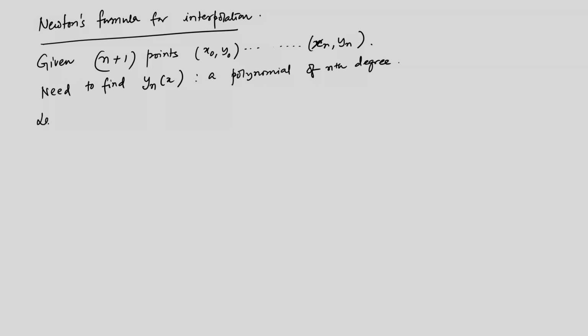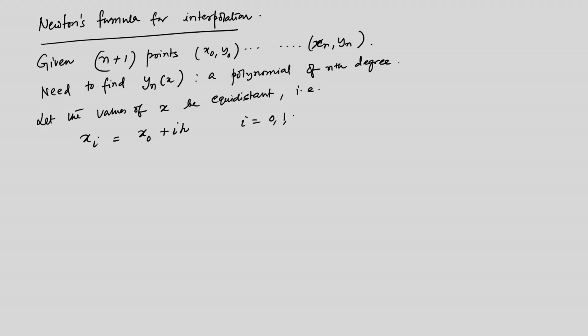And let the values of x be equidistant. So, x_i equals x_0 plus i h, where i equals 0, 1, 2 and all the way to n.